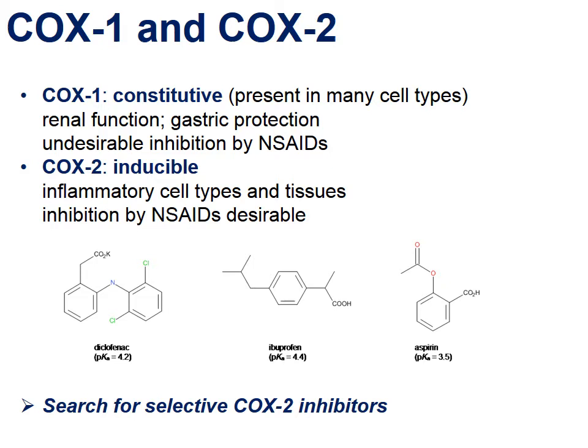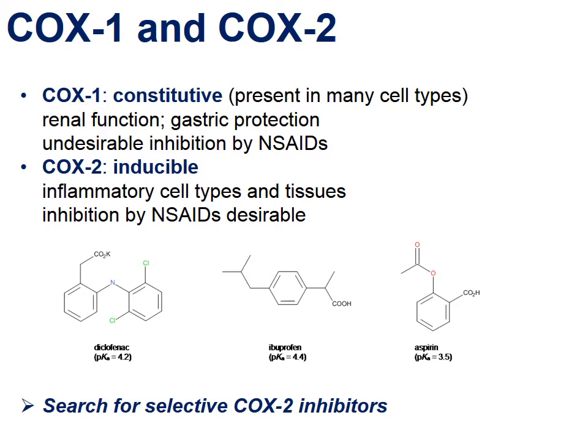It's important for renal function, and of course it's very important for the protection of the gastric epithelium, because the prostaglandins stimulate the gastric epithelial cells to secrete mucus. And so it's the undesirable inhibition by NSAIDs that causes the defects in the gastric protection, leading to gastric ulceration.